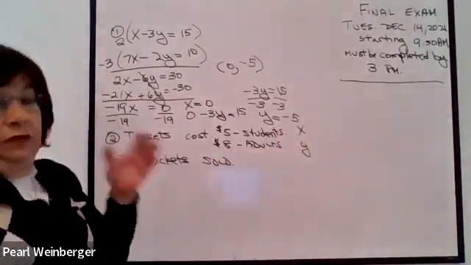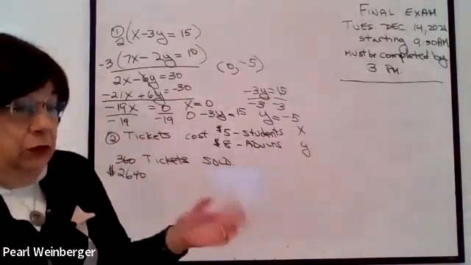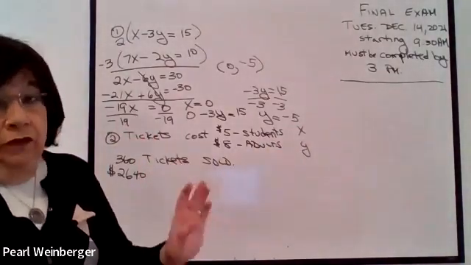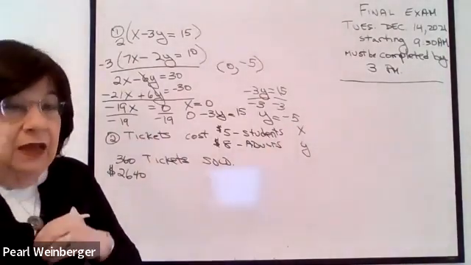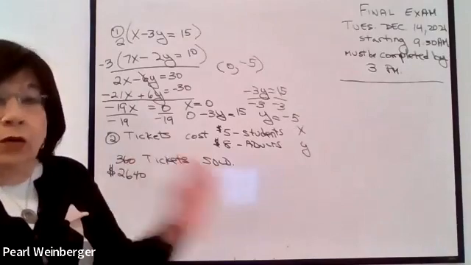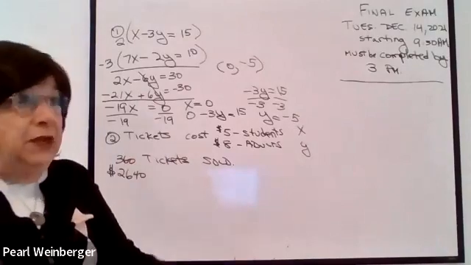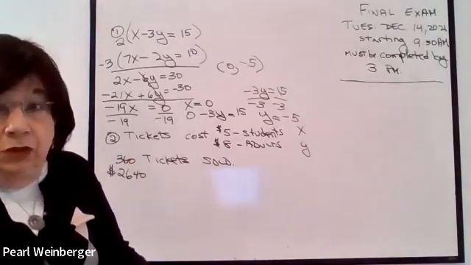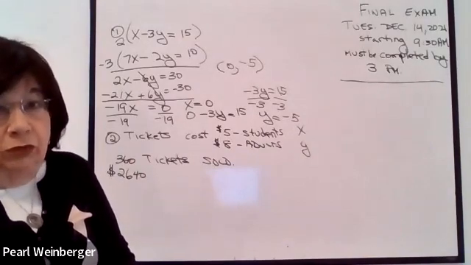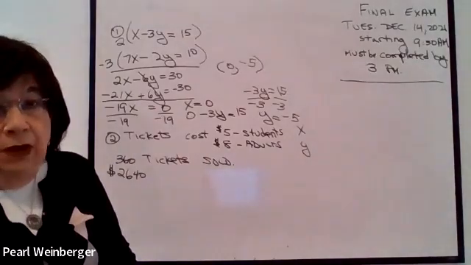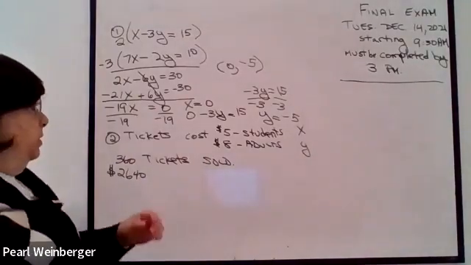You really have to set in your mind or write down what your variables represent, and be as specific as you can. Don't just say X stands for the student tickets, because there are many things that could have to do with student tickets. What the X stands for is how many student tickets were sold, and the Y stands for how many adult tickets were sold.